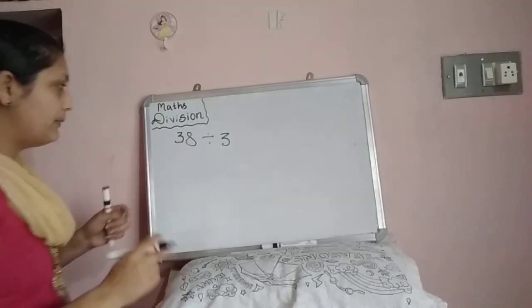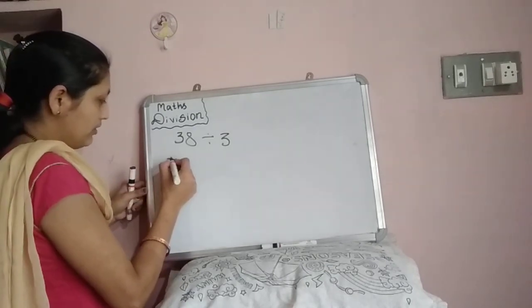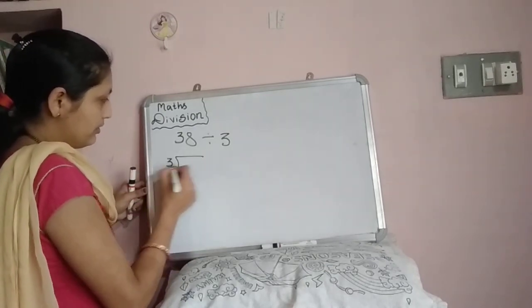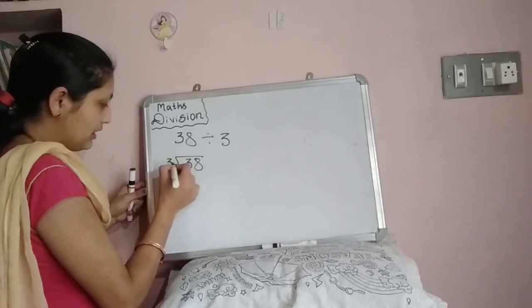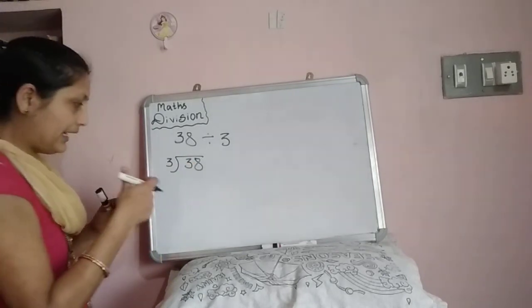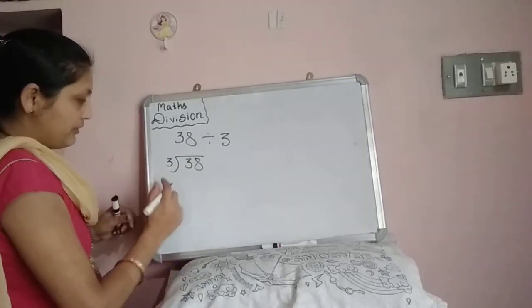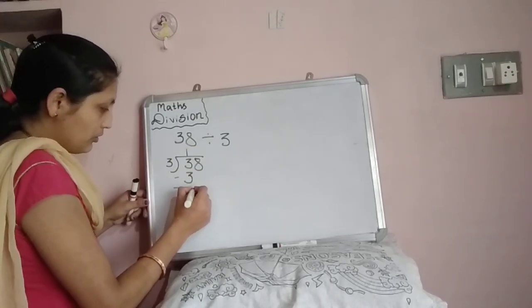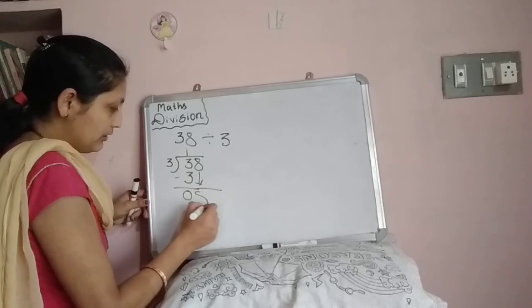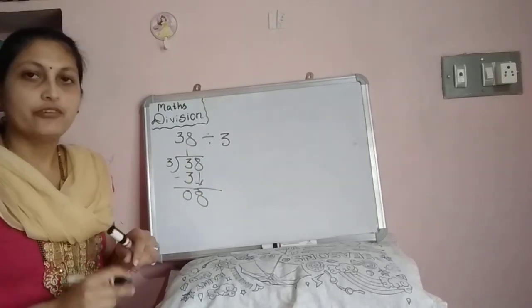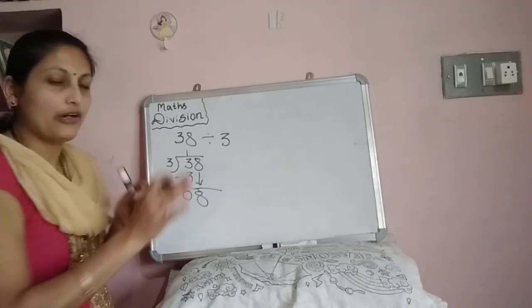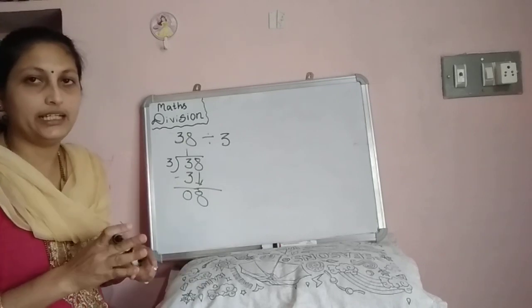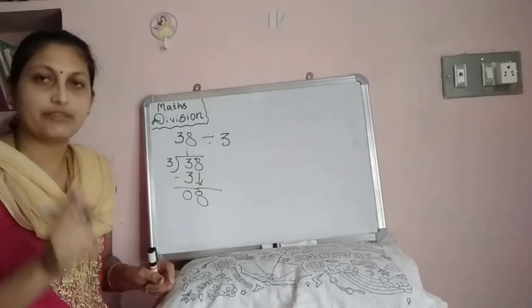So 38 inside, 3 outside the bracket. Okay. Now let us divide. 3 ones are 3. 3 minus 3 is 0. Take this 8 down. Now divide 8 by 3. Of course, you will not get 8 in the table of 3. But what is less than 8 in the table of 3? That is 3 ones are 3.